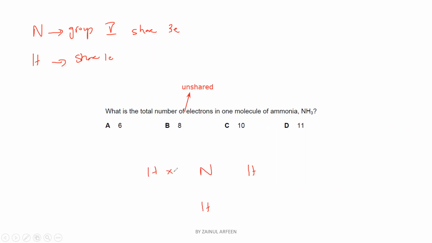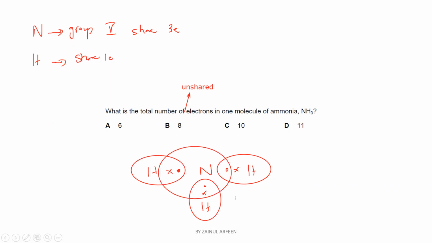Each hydrogen shares 1, so nitrogen will share 1. Then the circle for each atom. Then nitrogen belongs to group 5, so out of 5 it is sharing 3. So unshared will be 2.